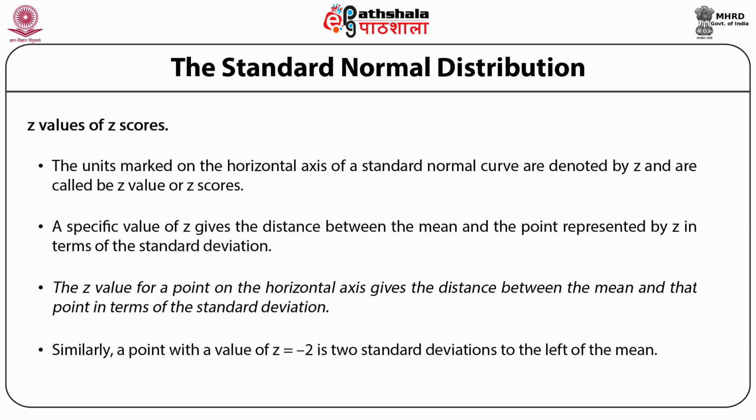The standard normal distribution table, table A, lists the areas under the standard normal curve between z equal to 0 and the values of z from 0.00 to 3.09. To read the standard normal distribution table, we always start at z equal to 0, which represents the mean of the standard normal distribution.